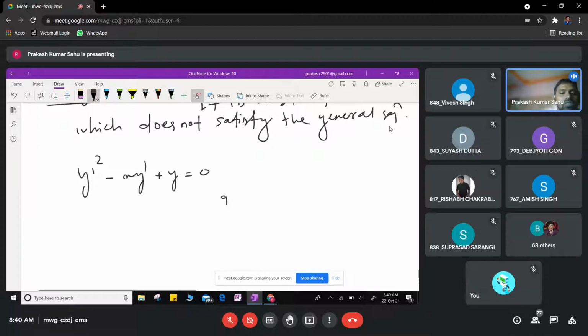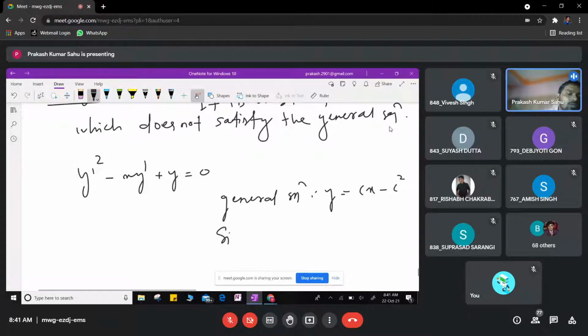Suppose a general solution is given in the book. You can see the general solution I am writing: y is equal to cx minus c square, and c is the arbitrary constant. This is the general solution.